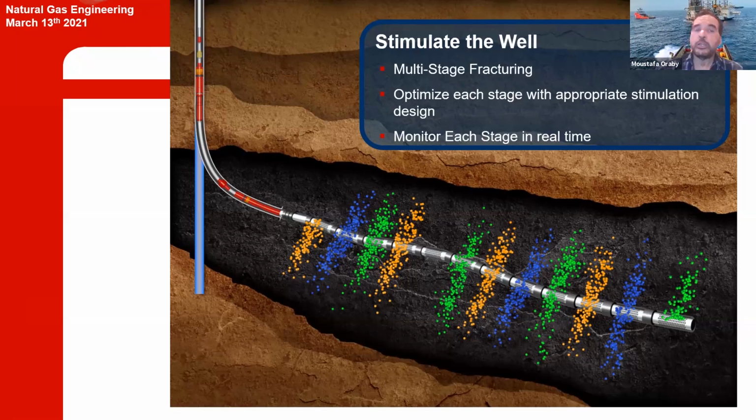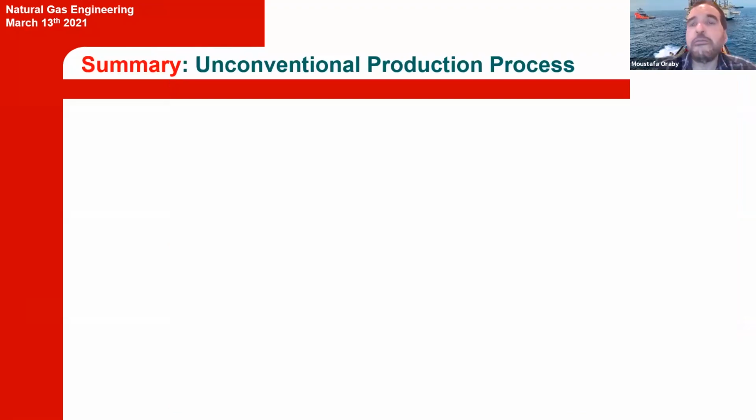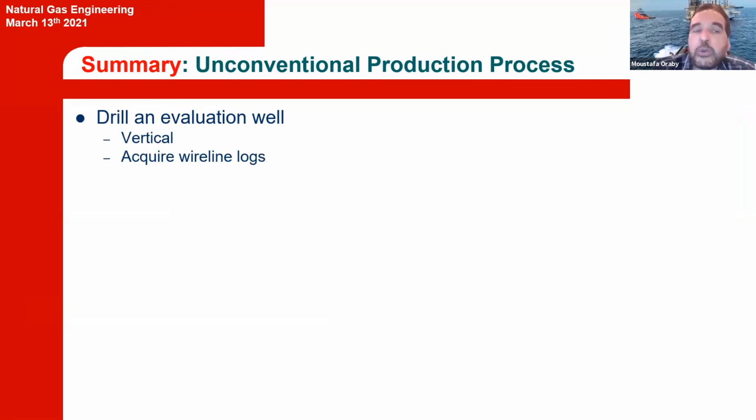Okay, all right. So to summarize this unconventional production process, number one, drill an evaluation well. It will be a vertical well. In that vertical well, you acquire all the wireline logs. You take the quad combo, advanced logs, all the logs that the petrophysicist and the evaluation guys will ask you to acquire for the evaluation of the reservoir.